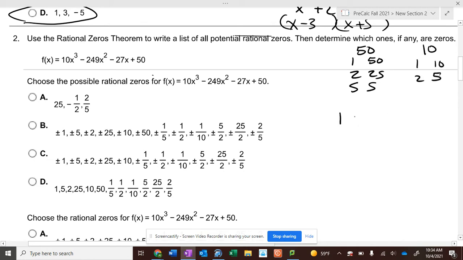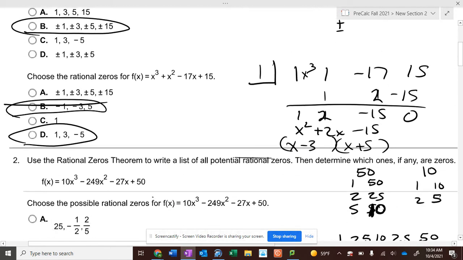So the factors are 1, 2, 5, 10, 25, and 50 over 1, 2, 5, and 10. That was a mess up there. Okay. There we go. No, you're not crazy. I'm just trying to do math too fast. 1, 2, 5, 10, 25, and 50.